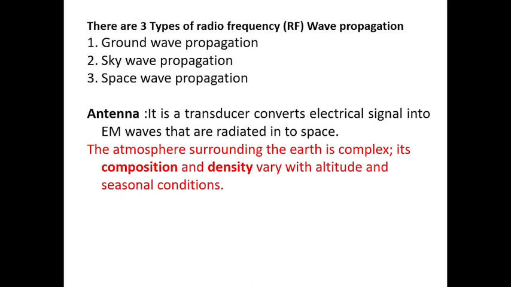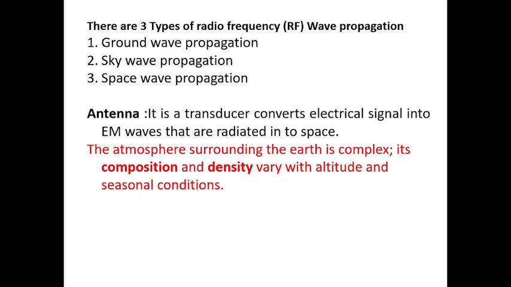There are three different types of radio frequency electromagnetic wave propagation: the first is ground wave propagation, the second is sky wave propagation, and the third is space wave propagation. We are going to discuss these three types of wave propagation in free space in detail.